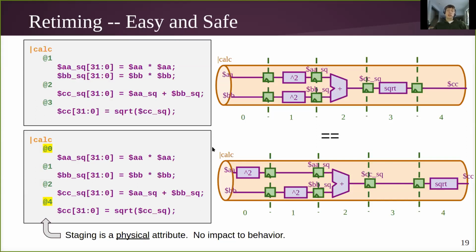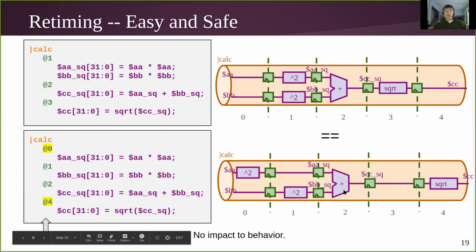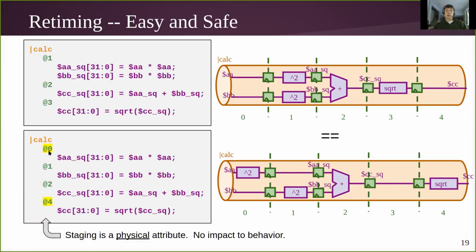So let's say we're putting this logic in the context where maybe AA is available on one corner of our silicon, and we need CC in the other corner of our silicon. And that means we need a lot of dead time just for transit. So we decide on this implementation, and we can get from the first implementation to this implementation just by changing the stage designations around this logic.